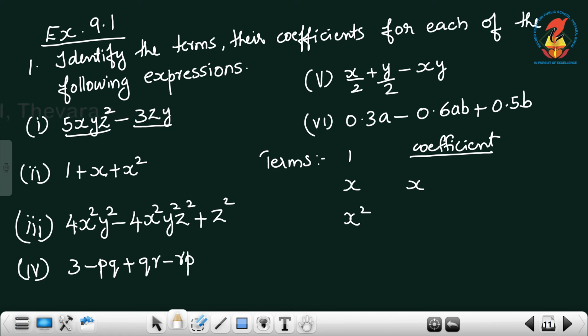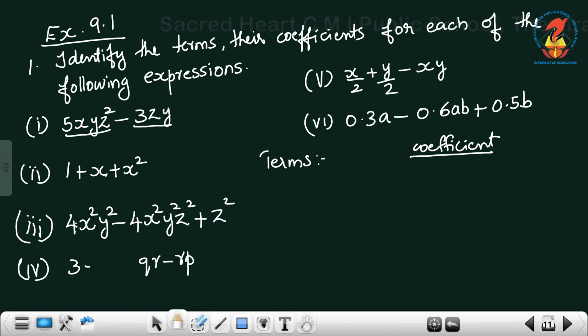What is the coefficient of x square? 1. Next algebraic expression, 4x square y square minus 4x square y square z square plus z square.